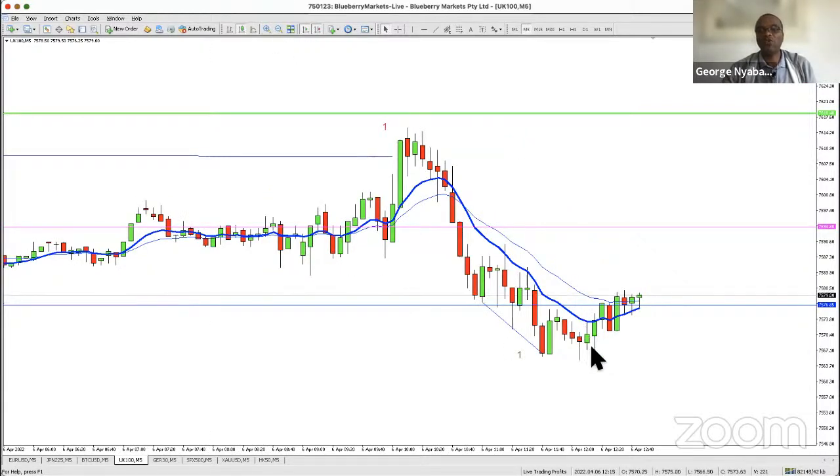What I'm waiting for is to see if we will get back here, get a bit of a double bottom. And then if we do that, at that double bottom, I'm gonna look to go long.